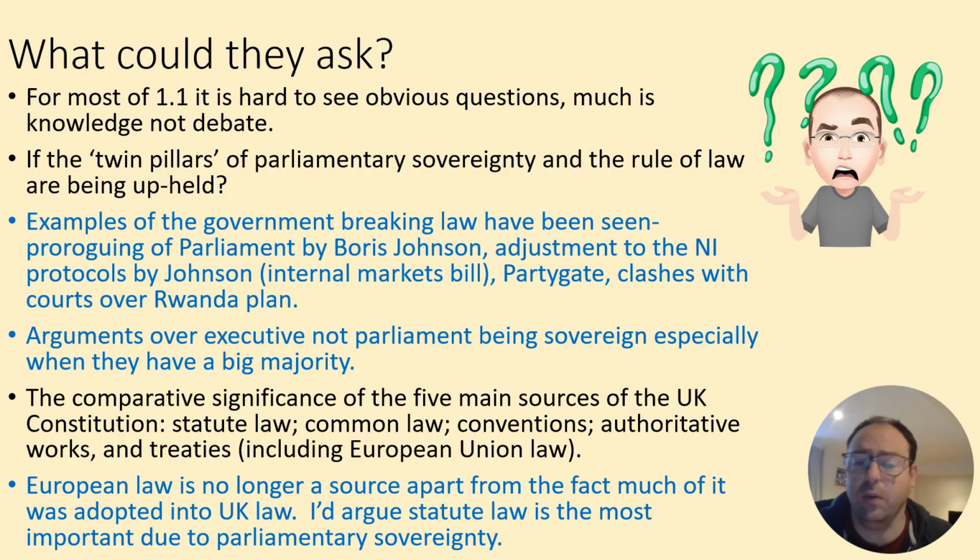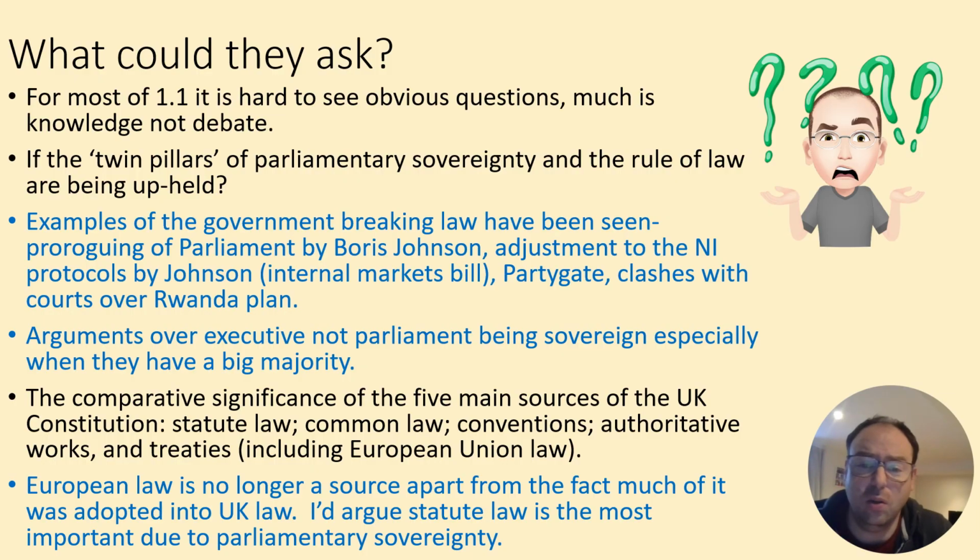The comparative significance of the main sources of the UK Constitution: statute law, common law, conventions, authoritative works, treaties. They could ask, to what extent is blah the most significant source of the UK Constitution. Now, European law is no longer a source of the UK Constitution, apart from the fact it's been adopted into UK law largely.